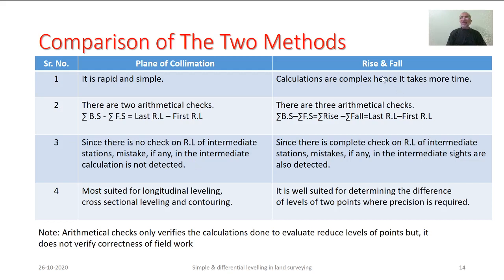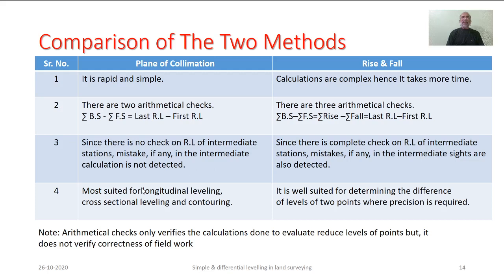Whereas in the rise and fall method, the way you see, we are using this particular check, summation of rise minus summation of falls, and we are comparing it with these two remaining checks. Hence, every intermediate value is being checked. So, even if we commit some mistake while working out the reduced level, it will always be detected.